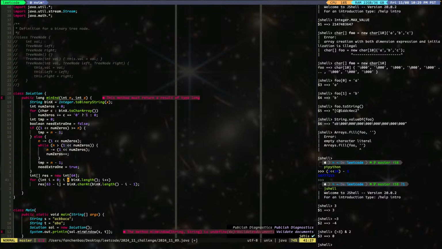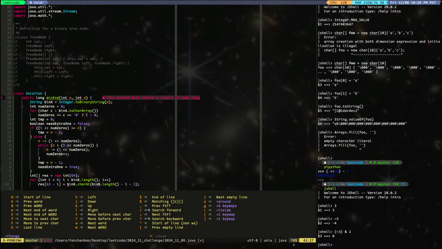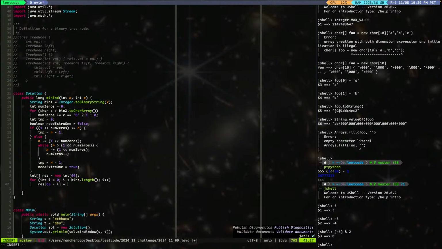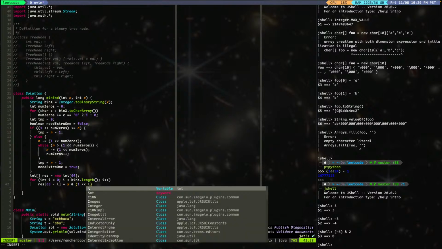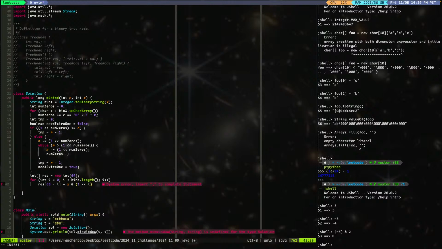You know, we just do int, and this one we can just say x and 1 left shift I, right? Because we go 0, so 1 left shift I, and we'll end this, and if it's larger than 0, we'll do 1, otherwise we'll do 0.